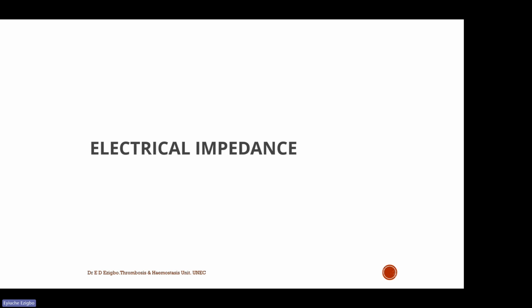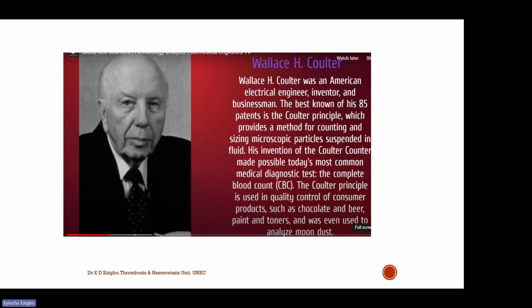Looking at the electrical impedance process, the impedance principle of cell counting is based on the detection and measurement of changes in electrical resistance produced by cells as they traverse a small aperture.